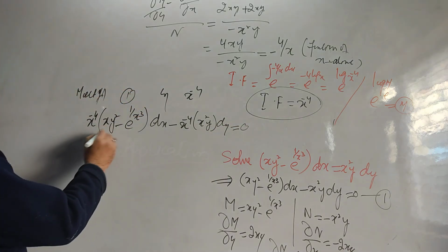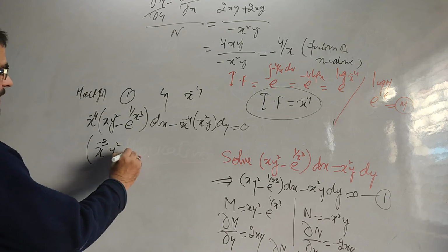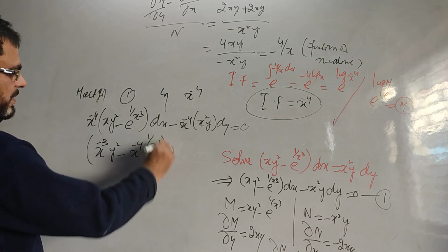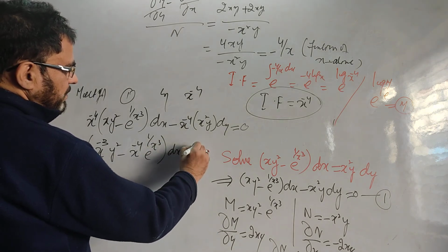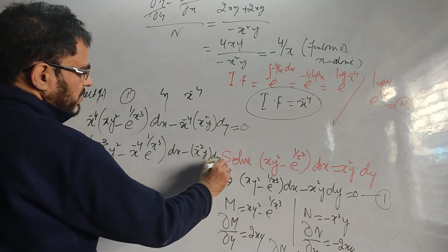On simplification this gives (x raised to power minus 3 y square minus x raised to power minus 4 e raised to power 1 by x cube) dx minus x raised to power minus 2 y dy is equal to 0.